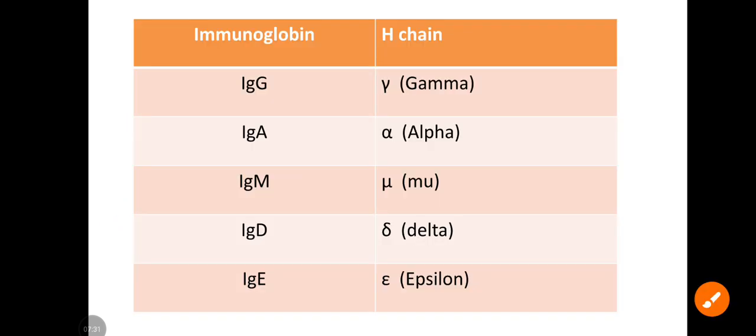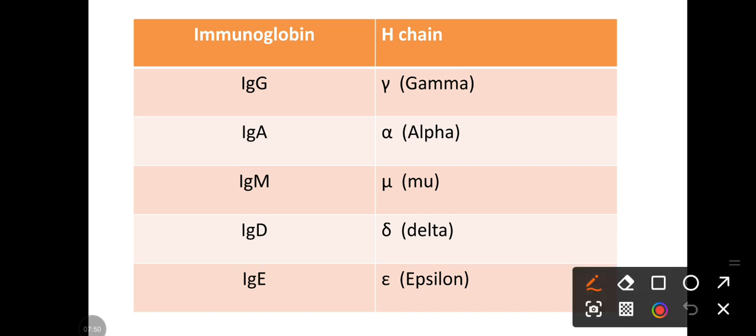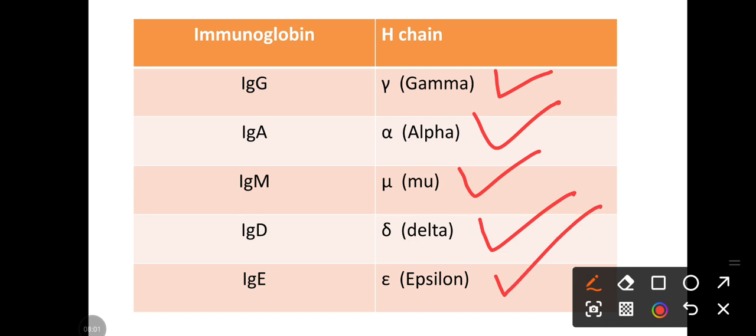Okay. So here are the immunoglobulins with different H chains. We can simplify it: the nomenclature of immunoglobulins or antibodies depends on the heavy chain present in that specific immunoglobulin. So the gamma H chain is IgG, alpha chain is IgA, mu chain is IgM, delta is IgD and epsilon is IgE.